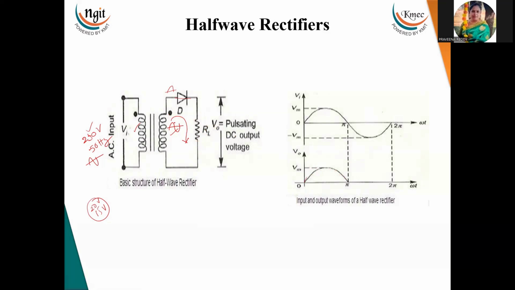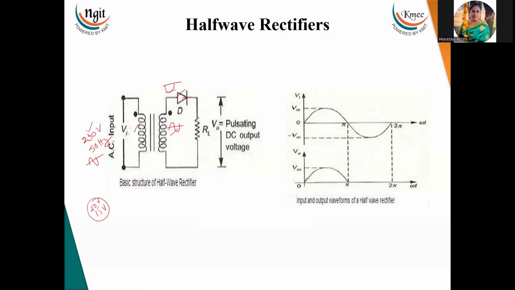After completing the positive half cycle, immediately the negative half cycle appears at the diode anode. So the negative is applied to the positive material of the diode, the anode. With that, it is reverse biased and it acts like an open switch, and no current flows in this loop.